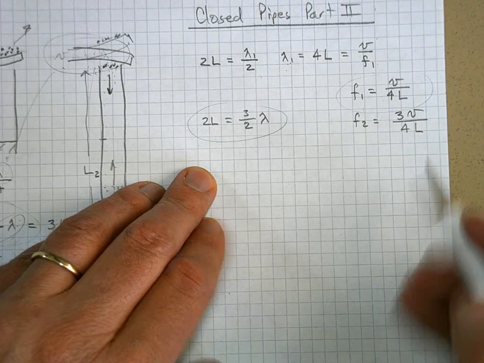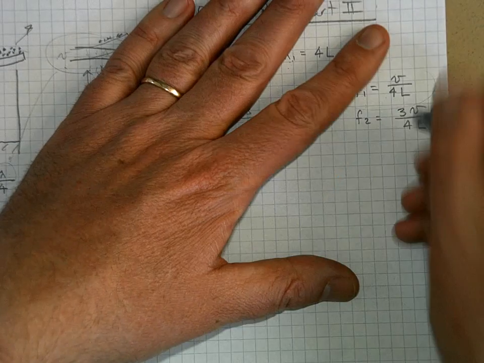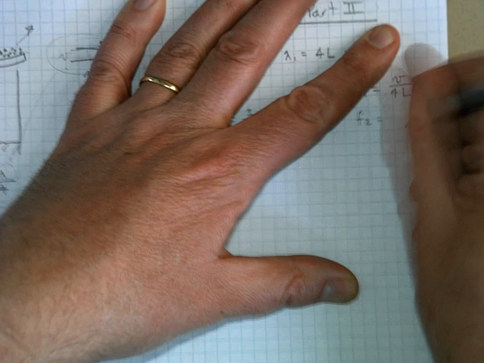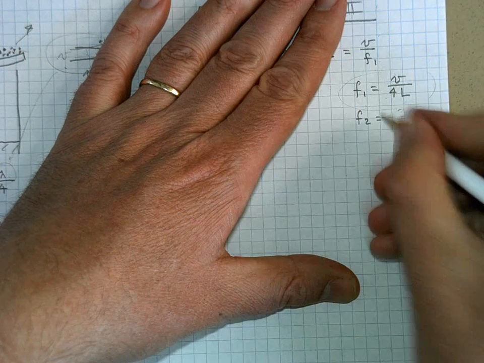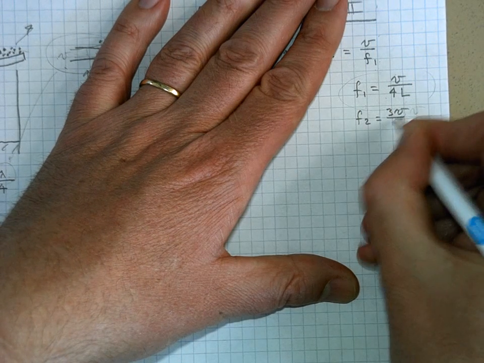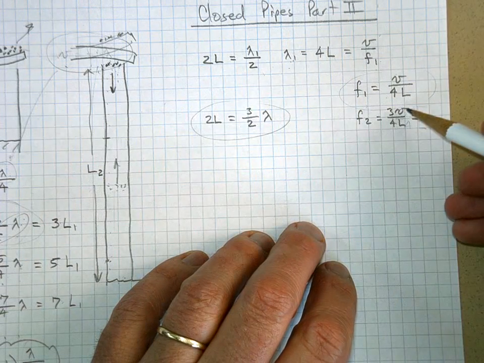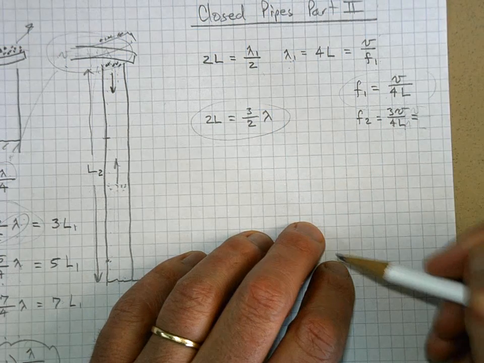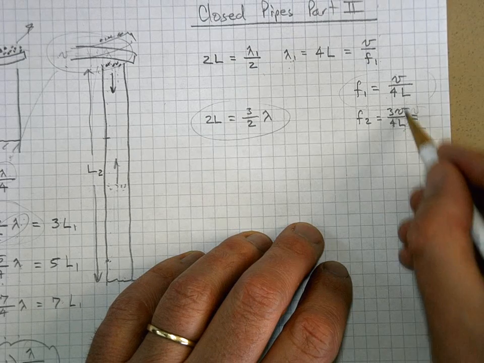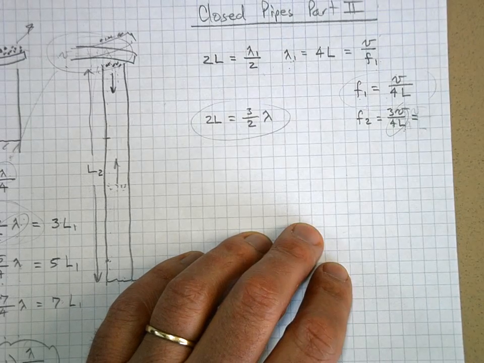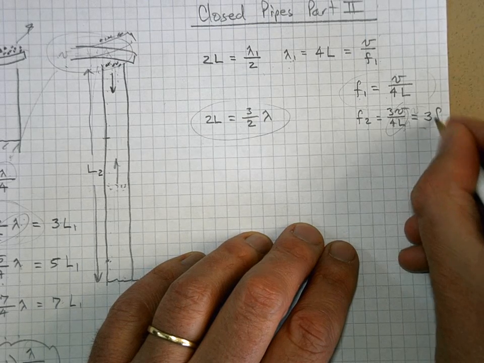This shouldn't be too surprising, because what is V over 4L? That's the first frequency that will resonate. So the second frequency that will resonate will be 3 times the first frequency.